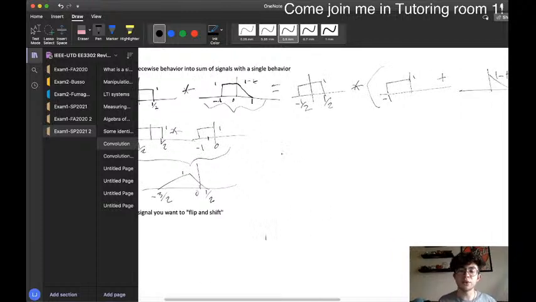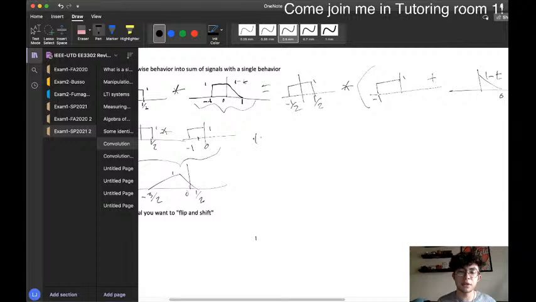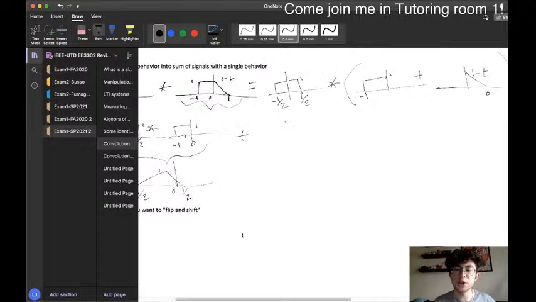And what we're going to do is add this result to the convolution of our box with the ramp, from 0 to 1 minus t.